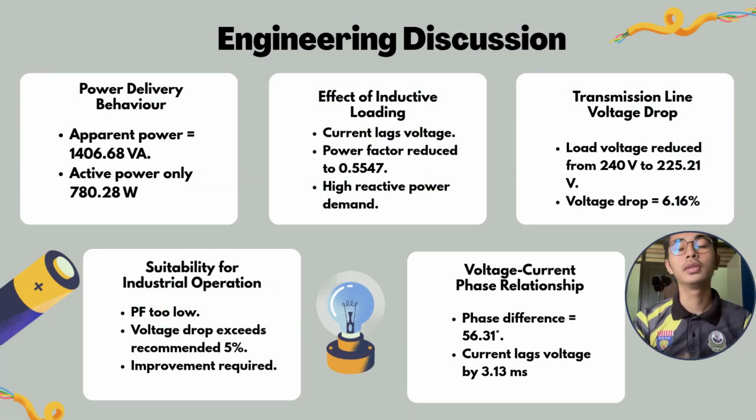Now, I will briefly discuss the system performance. The inductive load causes the current to lag behind voltage, resulting in a low power factor of 0.5574 and a high reactive power demand. The transmission line impedance also causes a voltage drop, reducing the load voltage from 240 volts to 225.21 volts, which corresponds to a voltage drop of about 6.16%.